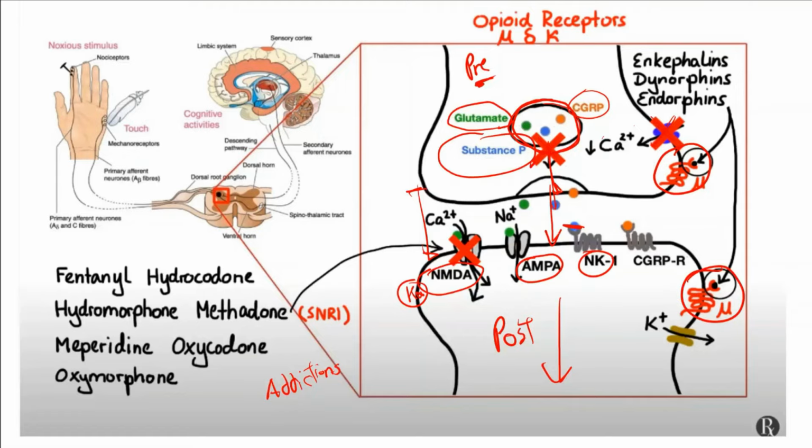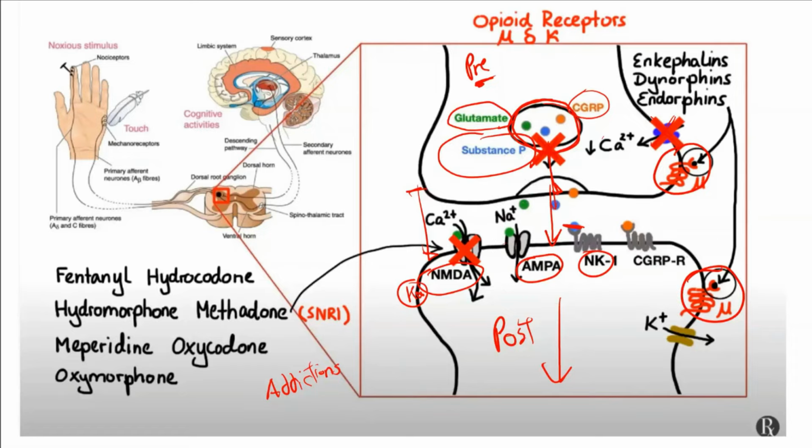And then that will stop the binding of those neurotransmitters to other receptors that basically allow calcium and sodium to come in in order to generate that action potential again. It will stop completely. So this means that the pain signal will decrease.